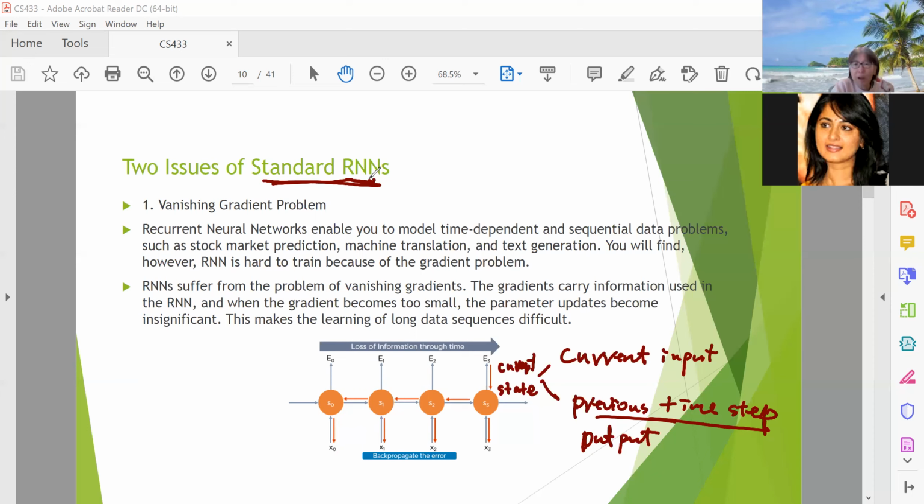So it just depends on the previous time step, just one time step. In that case, we call it standard RNN.